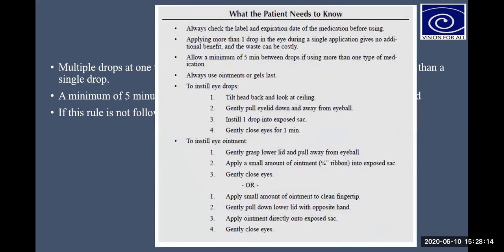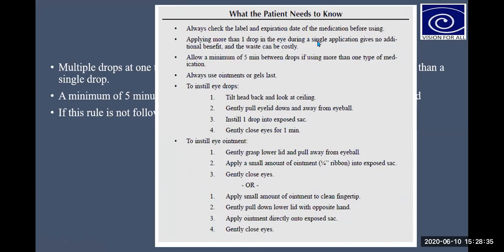Here are the guidelines that we have to tell the patient. The things the patient should know, and we should also know, are: first, always check the label and expiry date of the medication before using.